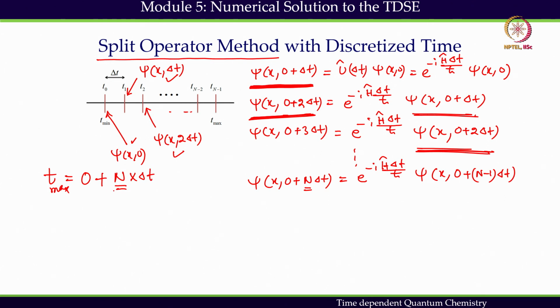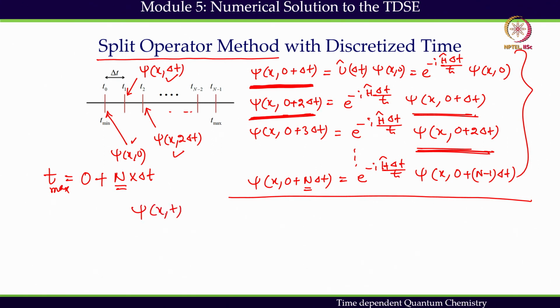So, n times we are doing this. Collectively, this entire set of discretized time evolutions can be written as psi(x, t), the wave function at a particular time t, is nothing but the product of e to the power minus i H t by h cut, then e to the power minus i H t by h cut. How many times am I doing the product? N times.